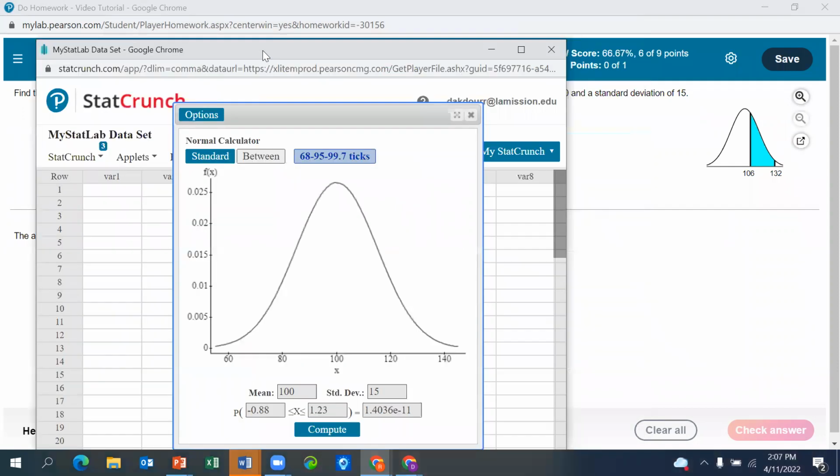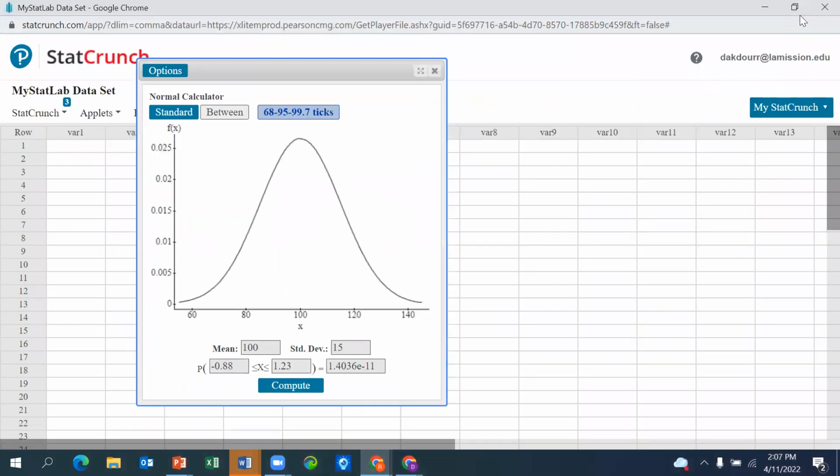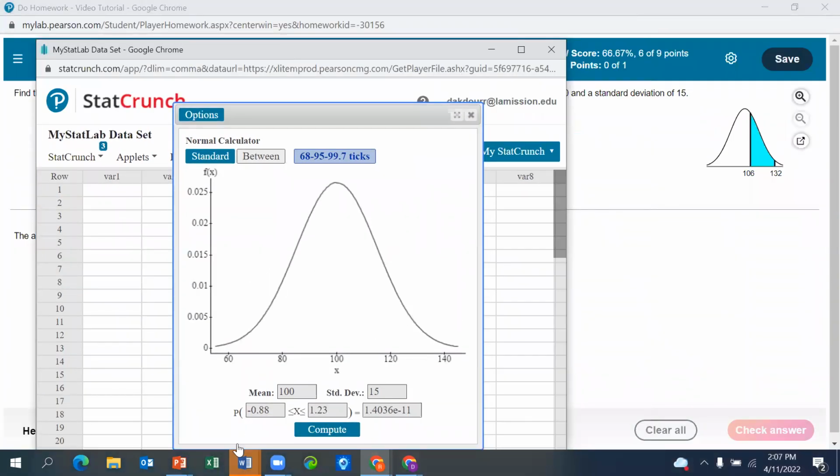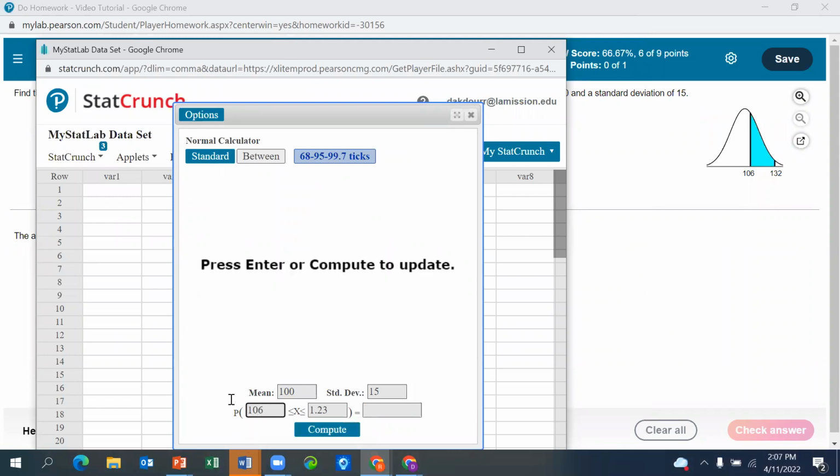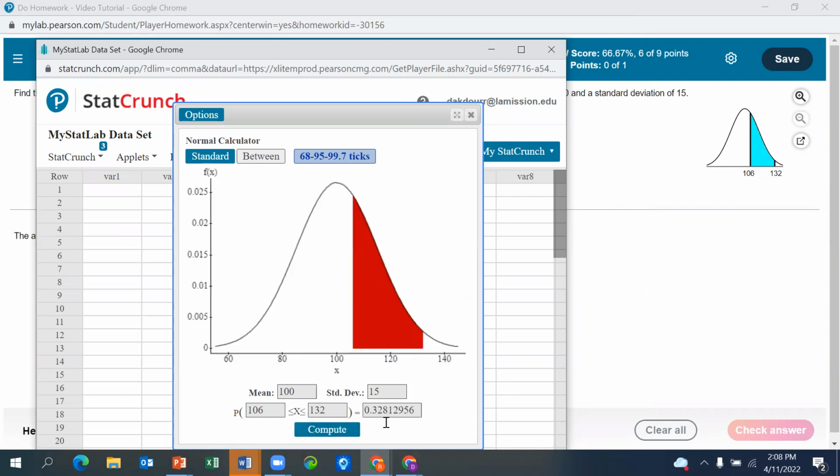This remains the same. They want us to find the area in between 106 and 132. This is from the graph with a mean of 100 and a standard deviation of 15. So there you have the area.